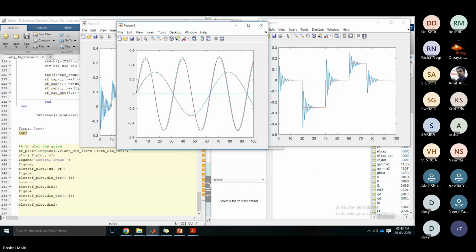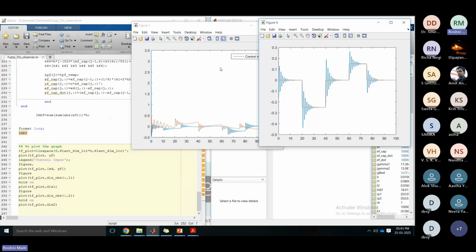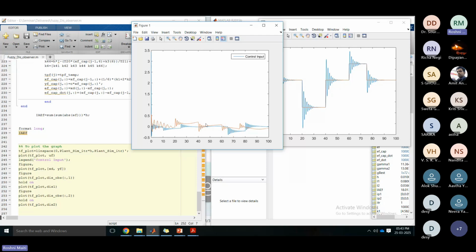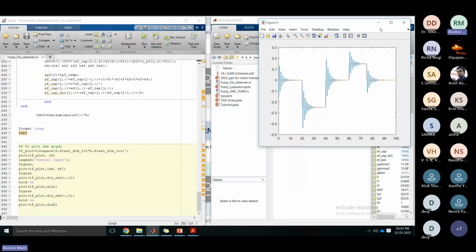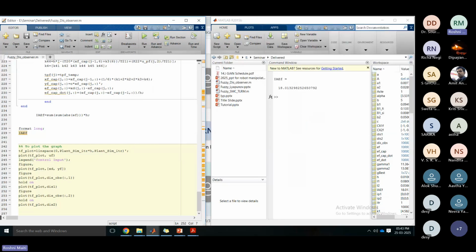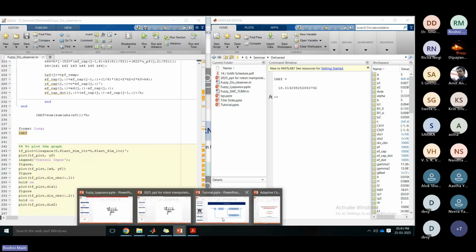This one is the tracking of the pitch rotor, and this one is the tracking of the yaw rotor. So it is tracking those very properly, and this is my control input. Whatever control input we require is given here. So by using this data driven approach, we have to proceed.